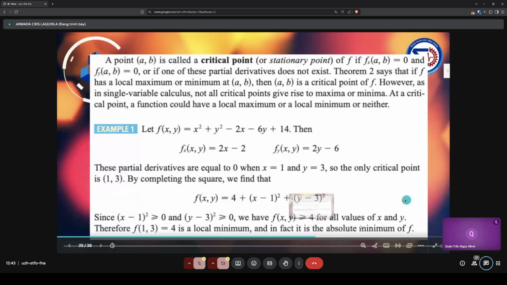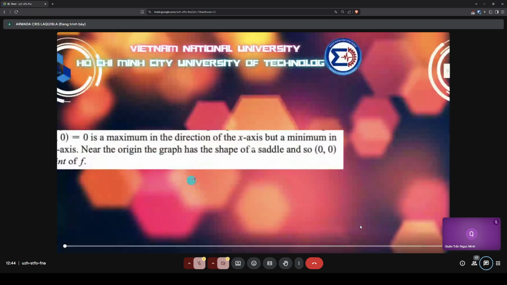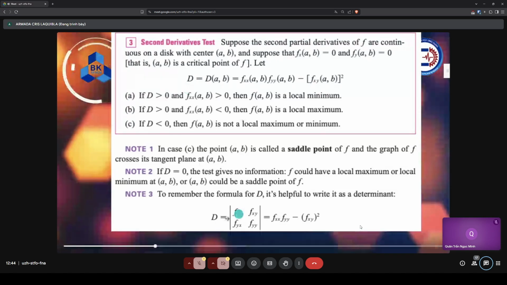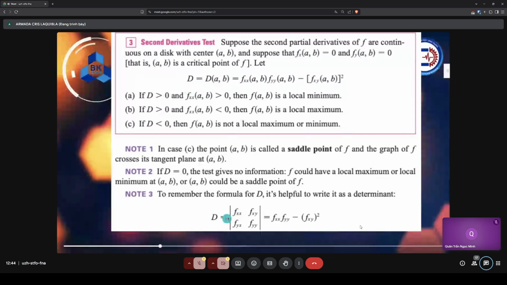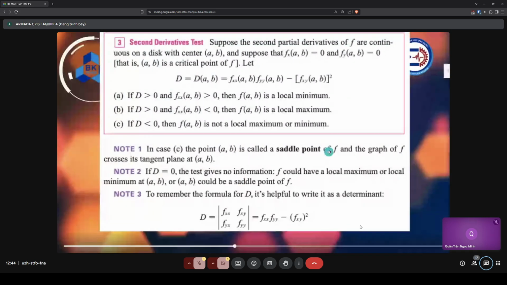Again, you can use that process in determining the local minimum. If for example conditions A and B fail, do not use the second derivative test, use the method of getting the critical point. Okay, next.